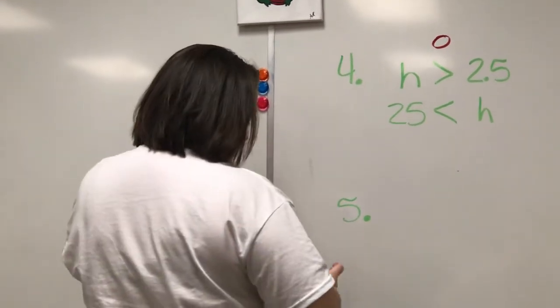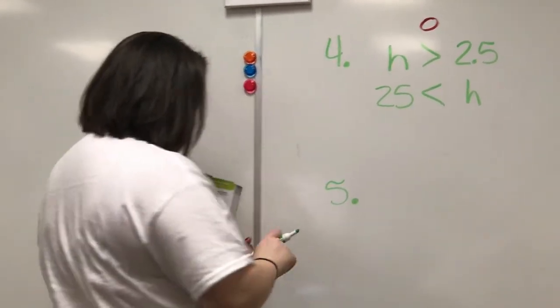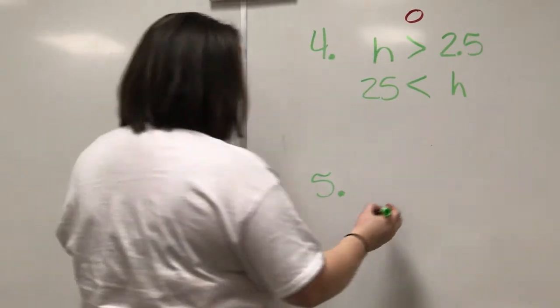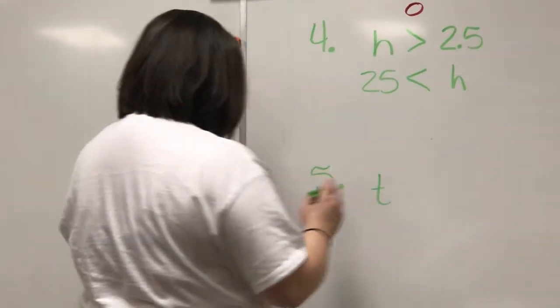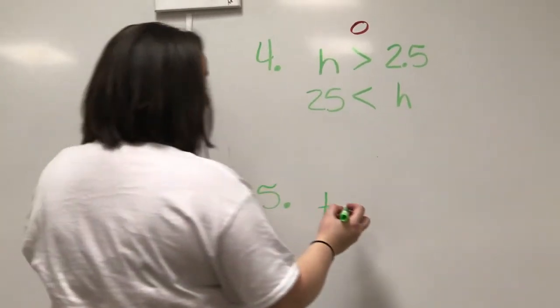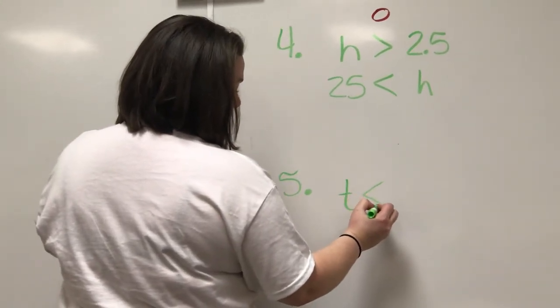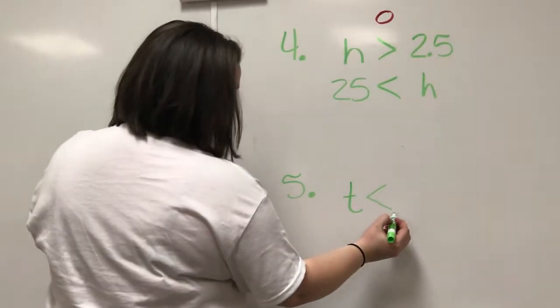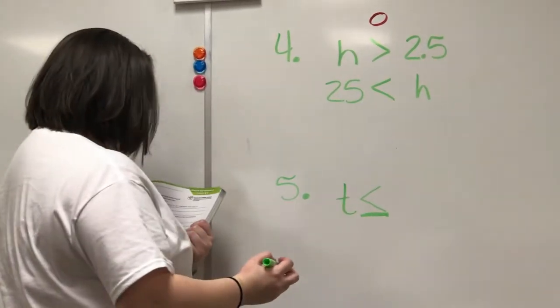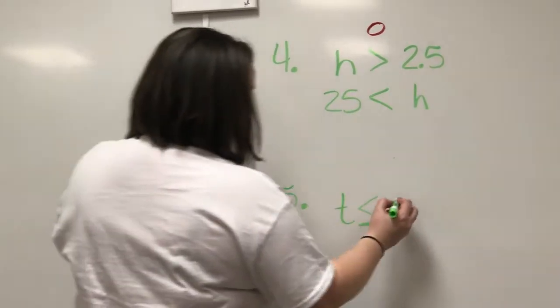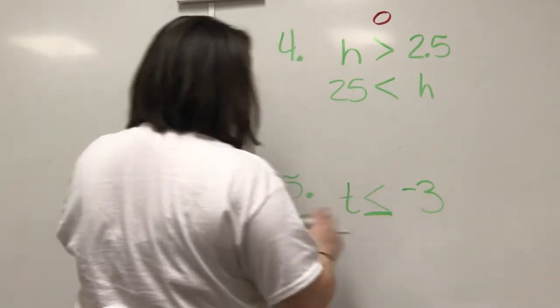And last practice for the book for today, number 5, the temperature, which is T, is less than or equal to, so less than, that means the point has to be facing it, less than or equal to, have to put that line there, -3 degrees.